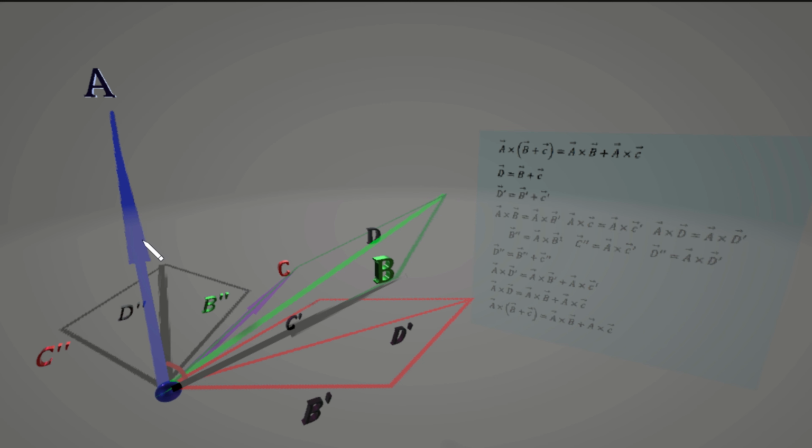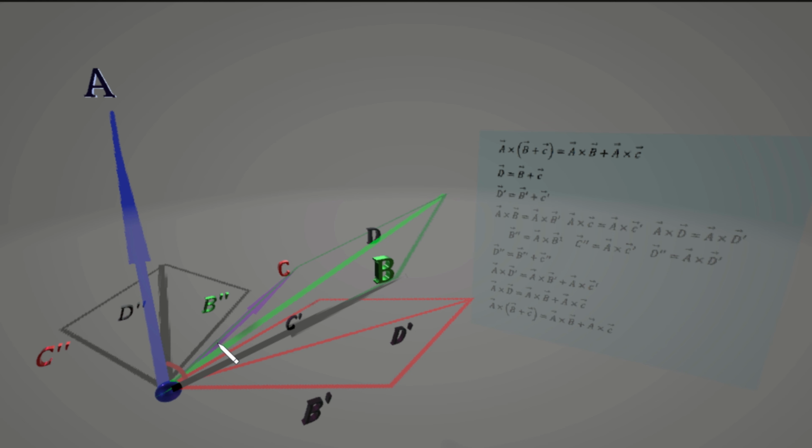Similarly, the cross product between A and C prime bar gives C double prime bar, and this C double prime bar is perpendicular to A bar and C prime bar. Similarly, the cross product A bar cross D prime bar gives a new vector D double prime bar. That D double prime bar is perpendicular to A bar and D prime bar.